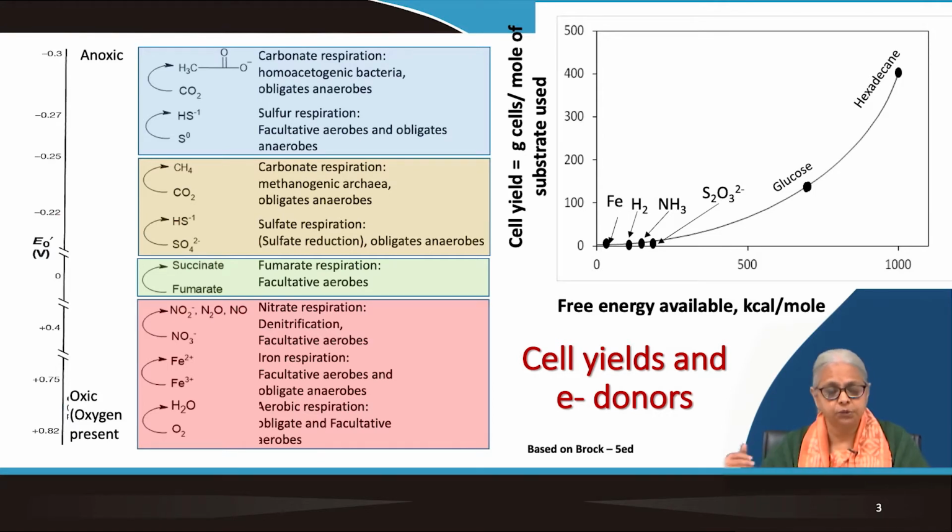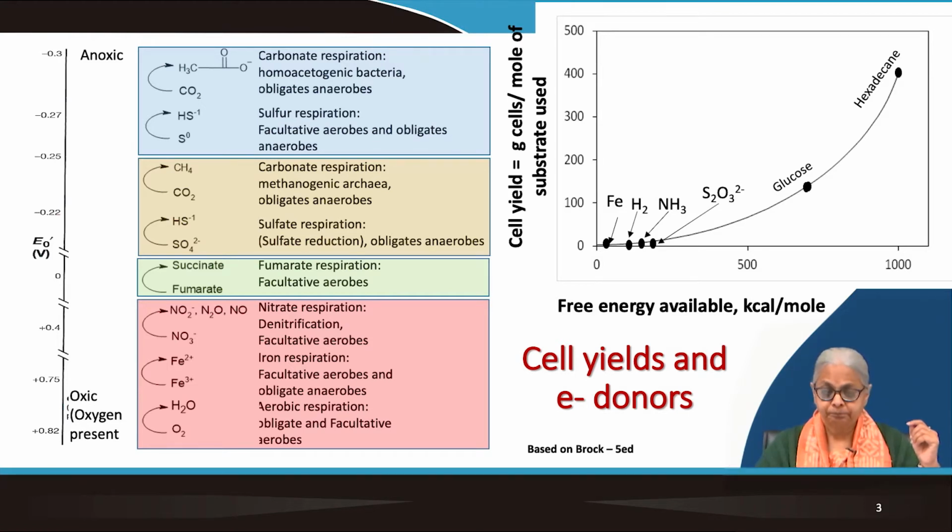Before we go into assimilation and dissimilation, I want to talk about the cell yield. Remember what I said in previous topics, that different electron donors can be organic compounds or inorganic compounds. Depending on the nature of the electron donor, when you couple it with oxygen, you get the highest possible energy yield.